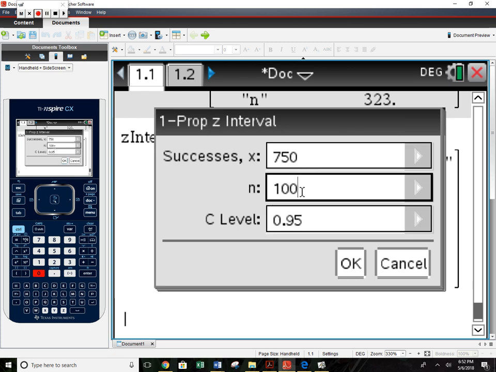Oh wait, no. Use the point estimate. The point estimate was 52. This is 0.75 for my confidence level. So your point estimate is 52%.